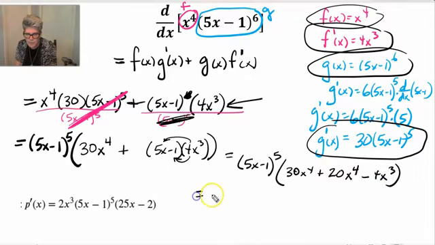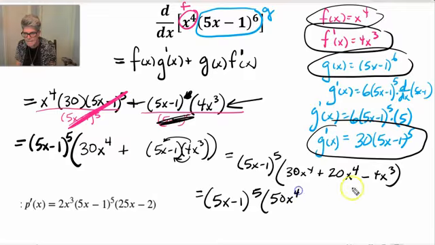30x to the fourth plus 20x to the fourth is going to be 50x to the fourth. Then minus 4x cubed. We can still factor.